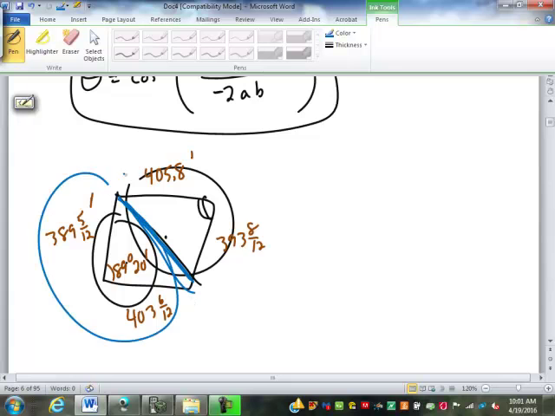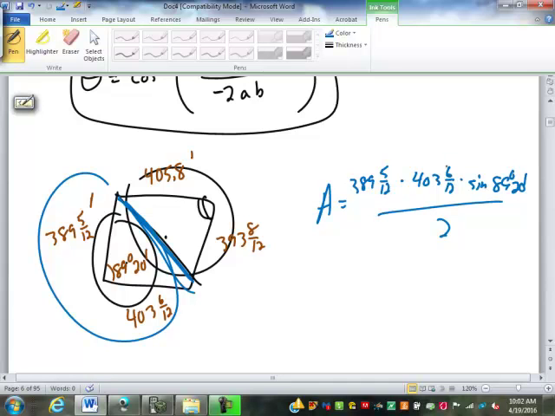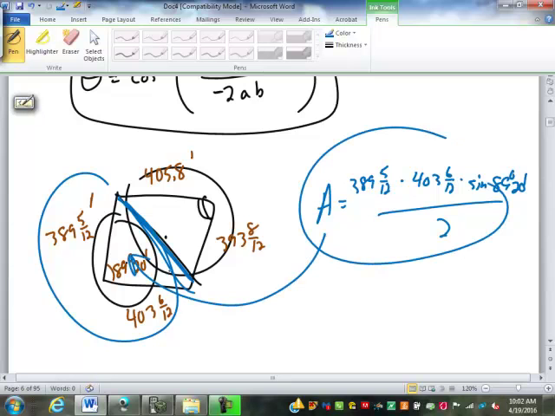Now here you can do that area as just the 389 and 5/12 times 403 and 6/12 times the sine, excuse me, of 89 degrees, 20 minutes over 2. There it is. That gives you that area.